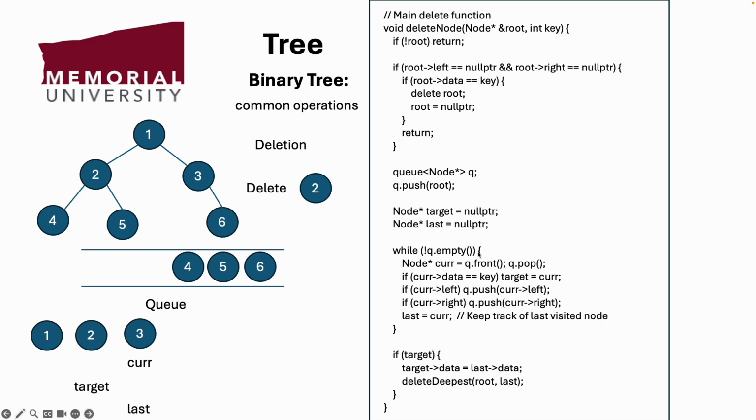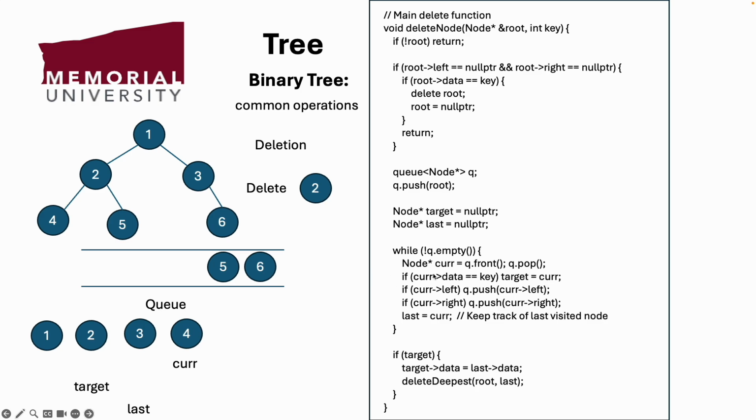Okay, so the queue is still not empty, and we keep going with this while loop. Again, 4 is popped, and the current will be pointing to node 4. The current data is 4, not equal to the key value 2, right?